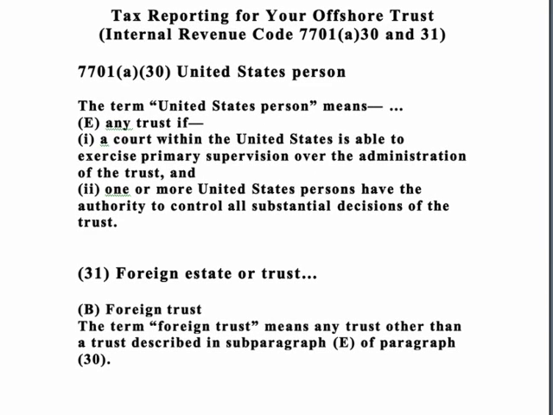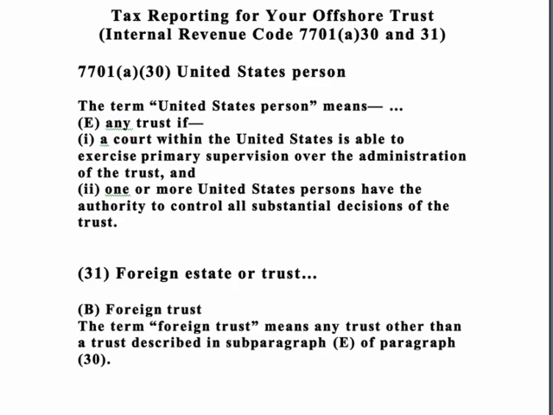And I'm going to read it to you. 7701(a)(30), and this is a long definitional section in the code. The term United States person means any trust if two things: a court within the United States is able to exercise primary supervision over the administration of the trust, and one or more United States persons have the authority to control all substantial decisions of the trust.